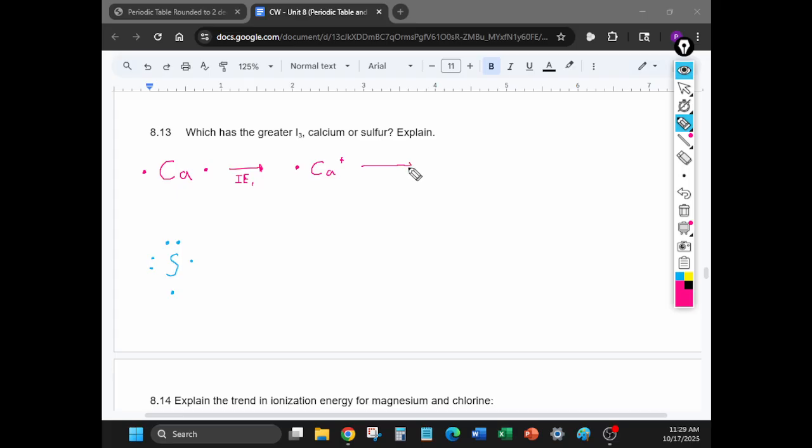If we do i.e. 2, we are removing that second electron, so it's going to become its most common ion, Ca2 plus. And it's going to end up with 8 valence electrons because it's going to lose its valence shell.